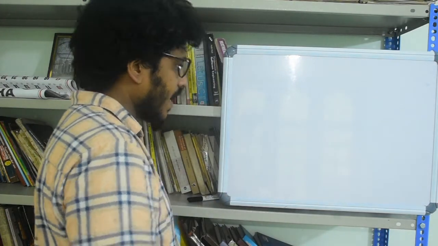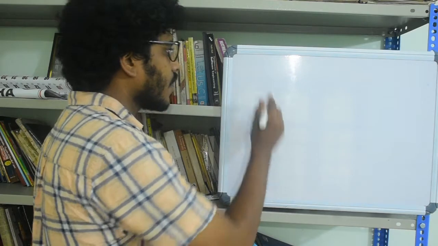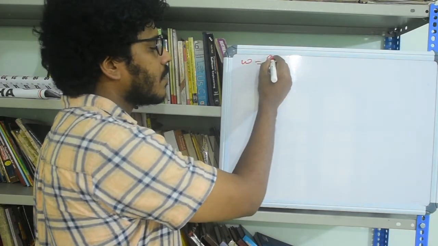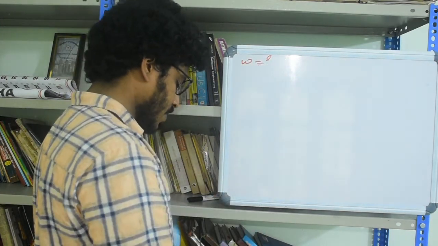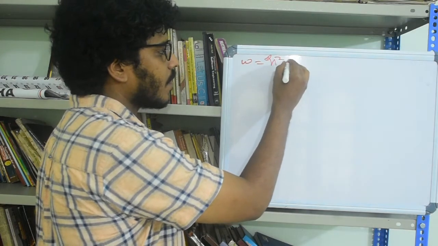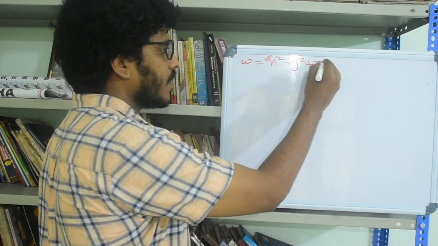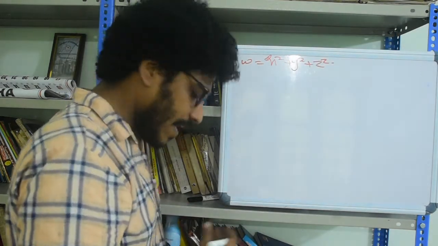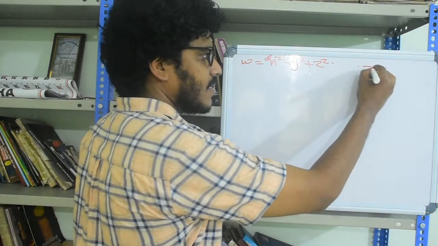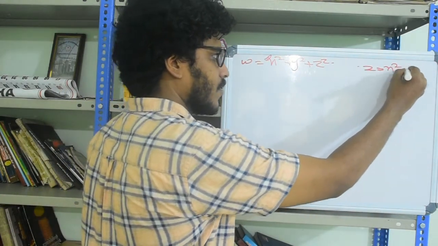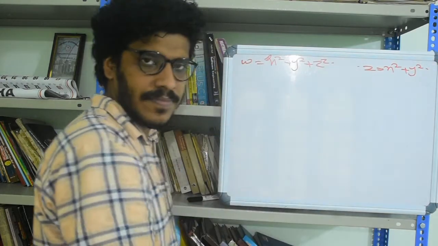So consider we have a function w equal to x square plus y square plus z square, and we have a constraint, say the same one we have used before, z equal to x square plus y square.